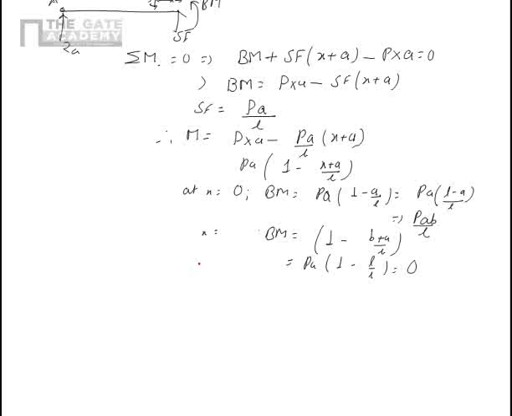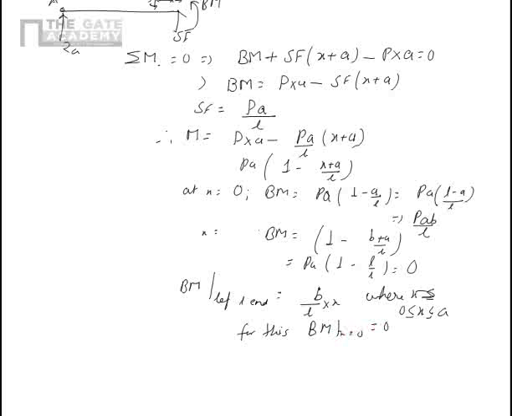See, for the left hand section we have already seen that the bending moment for the left end is P into B upon L into X, where 0 is less than or equal to X less than or equal to A. So for this, BM at X equal to 0 was 0 and BM at X equal to A was PAB upon L. This number and this number are same.